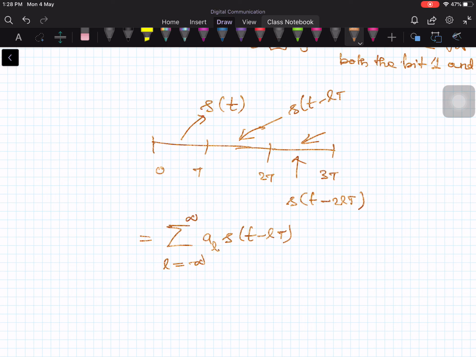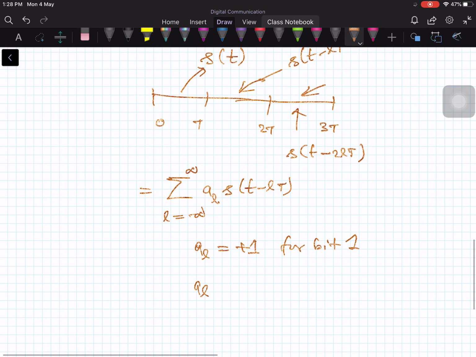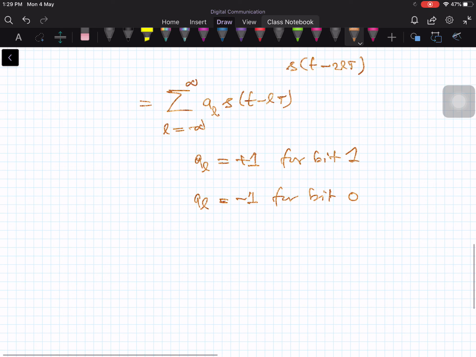Let me put A sub L, where A_L is your bits, and A_L is equal to plus 1 for bit 1, you can choose either way also, and A_L is equal to minus 1 for bit 0. But S of t minus LT is a basic pulse shape, and this pulse shape could be of finite duration or infinite duration.